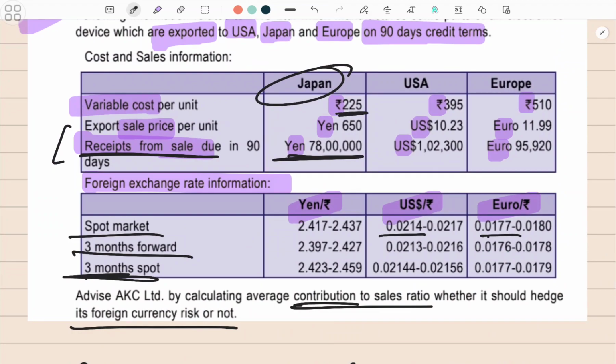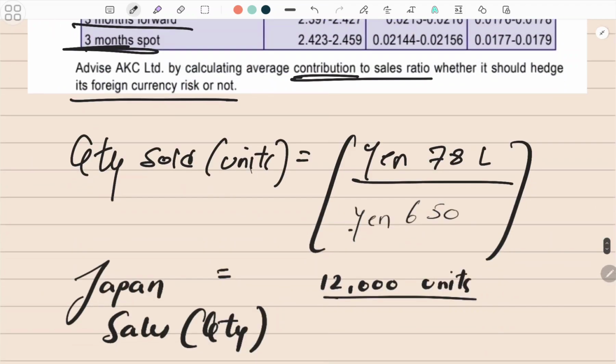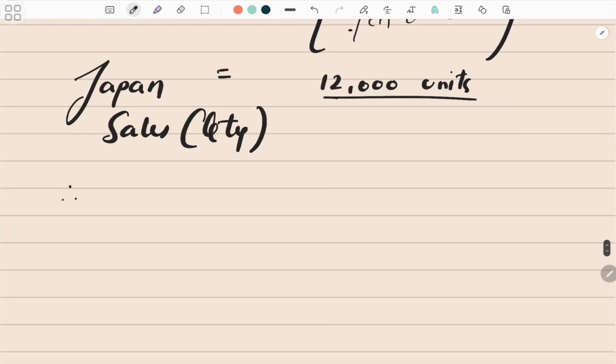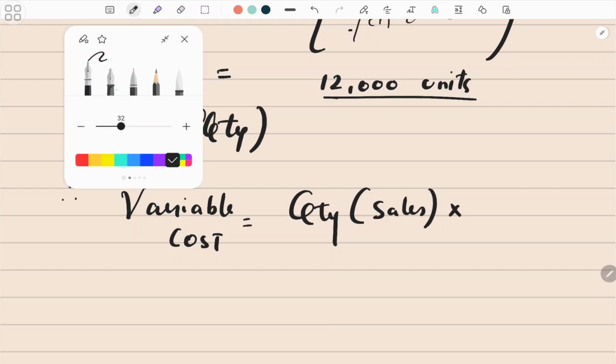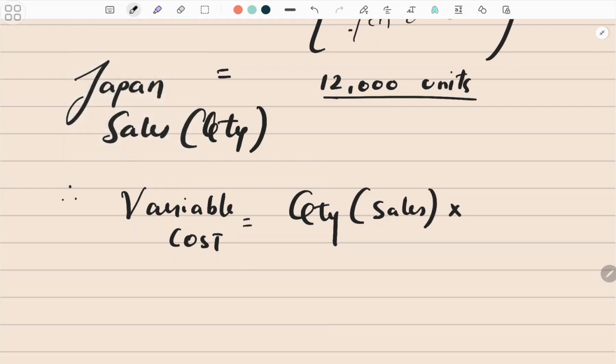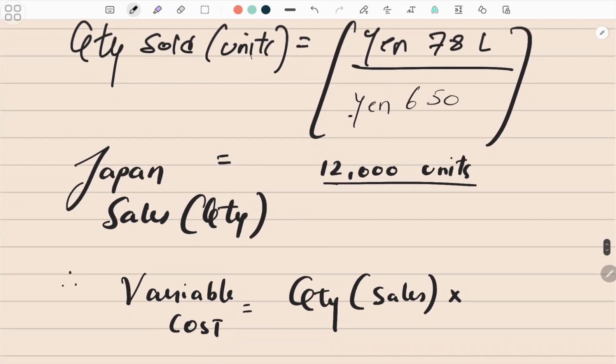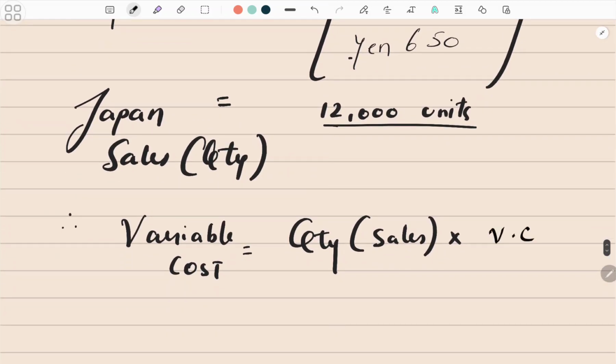What I need for contribution is the total variable cost. So I can get that from the sales quantity into the per unit cost, 225. Therefore variable cost is equal to quantity into variable cost per unit.